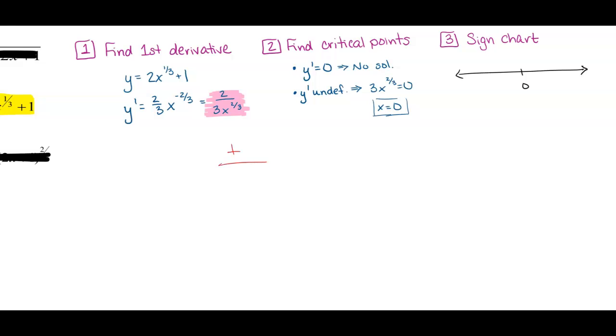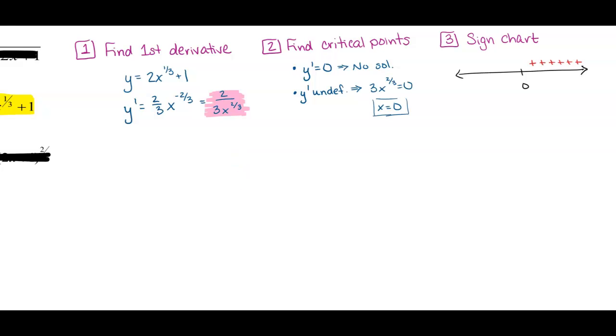And then on the bottom, I've got a positive 3. And I'm going to be taking that positive number to the 2/3 power. And think about what a 2/3 power does. It's going to square it, still positive, cube root it, still positive. So it's also going to give me a positive on the bottom. So this is going to be positive anytime I plug in a positive number.